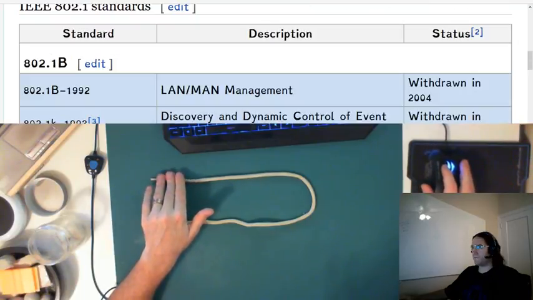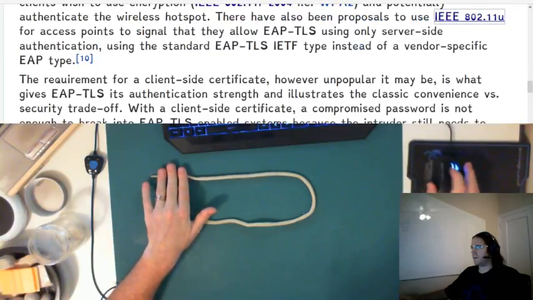Where am I doing? No, I'm not. I lost my access. Okay.